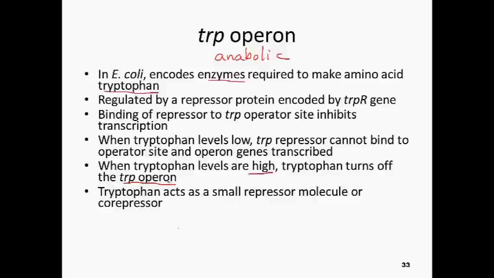And so what is the signal or the small effector molecule that allows the operon to be regulated? It's tryptophan itself. The tryptophan is going to act as a repressor molecule. So when it's available, it's going to act as a co-repressor, turning off expression.